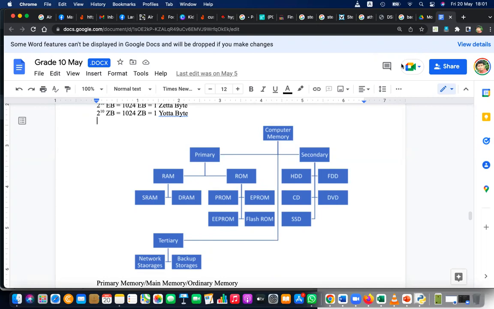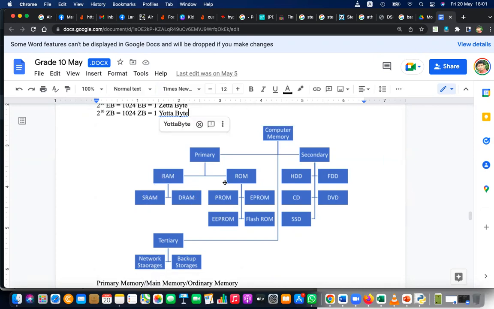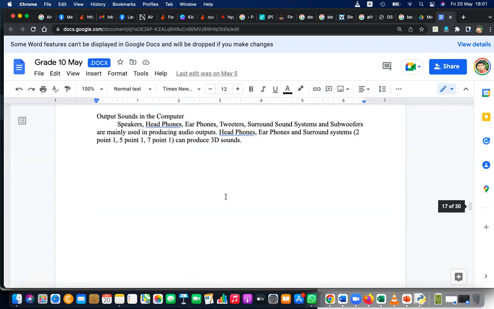But mainly in your syllabus, they highlight primary and secondary storage. Primary, we already learned. So different RAMs. There are two categories of RAM called static and dynamic RAM.